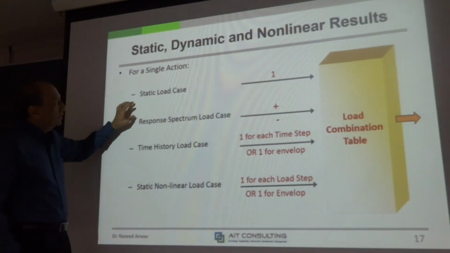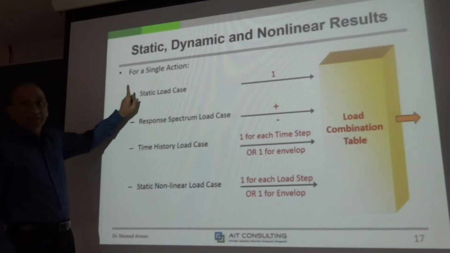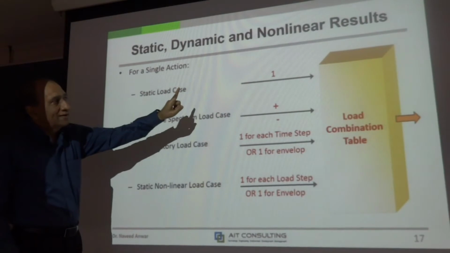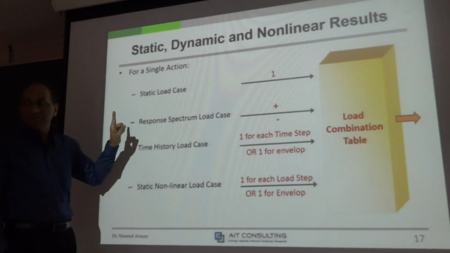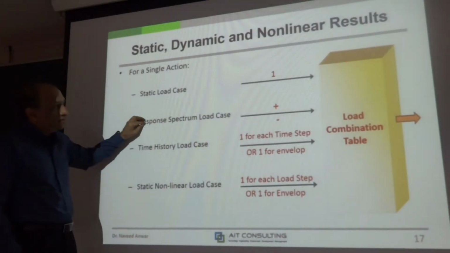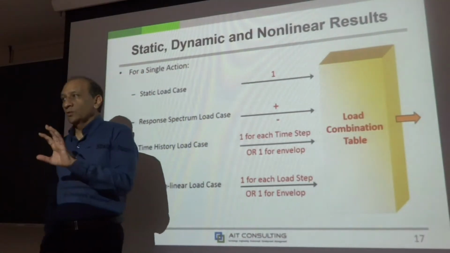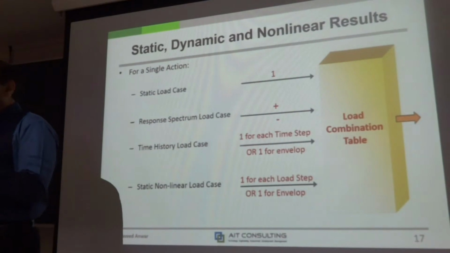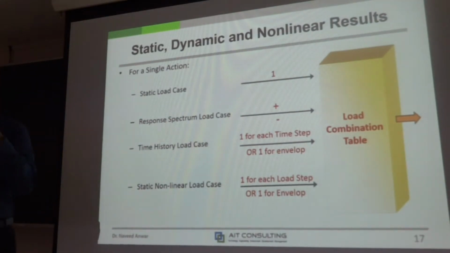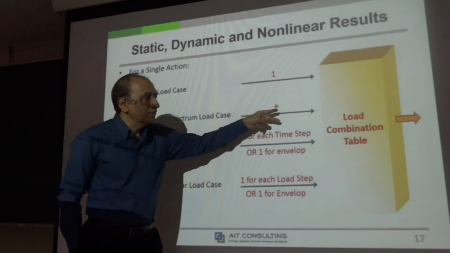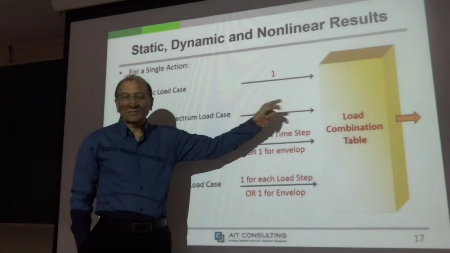Response spectrum: for a static load case, for each load case, one value goes to the load combination. For a response spectrum case, one positive and one negative value goes, because the response spectrum has no sign. So whenever we get a value from response spectrum, we must use both positive and negative. So 2 values will go into the combination table.